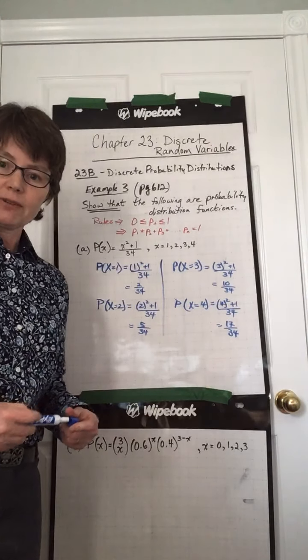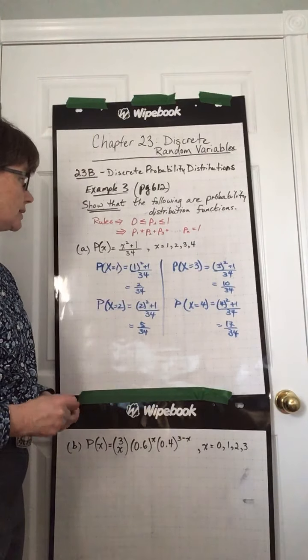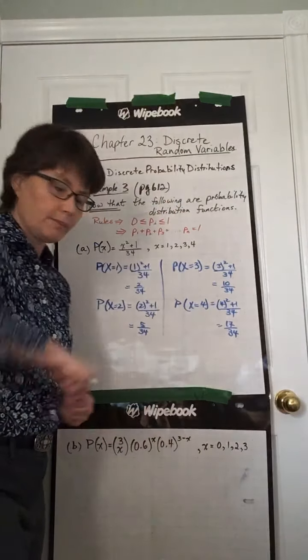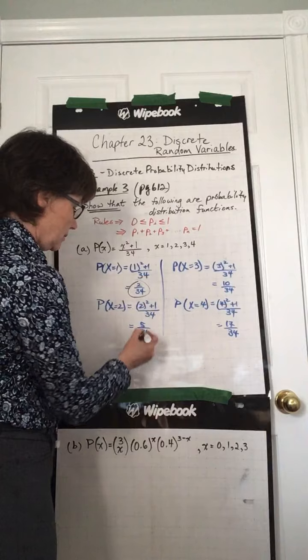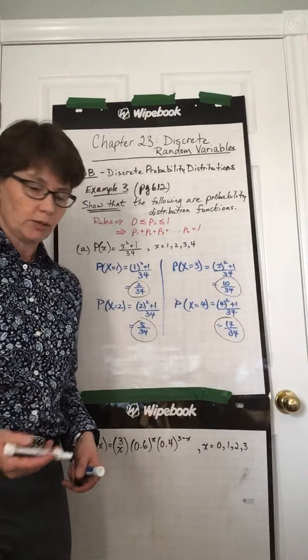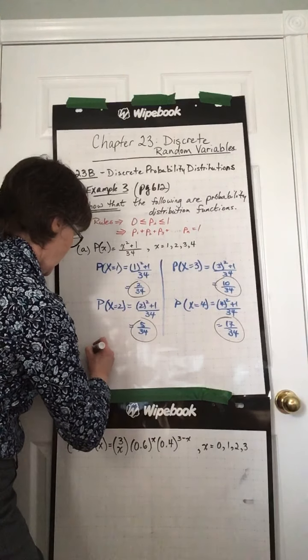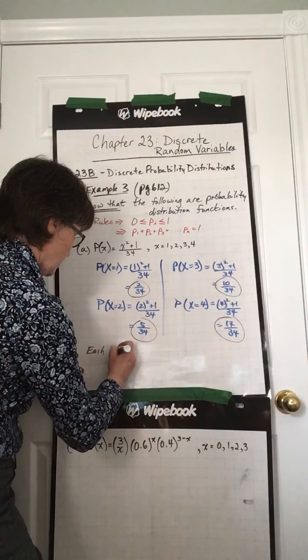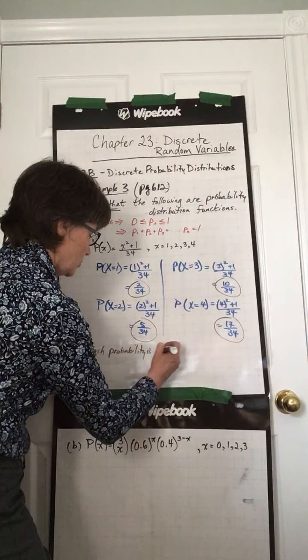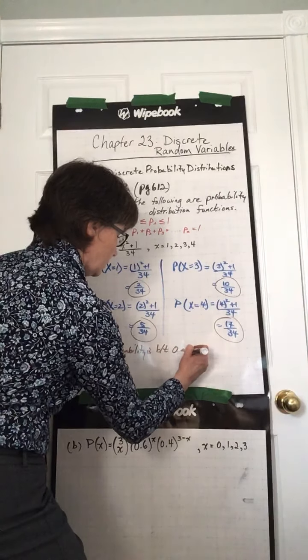Now, does it follow the two rules? Is each probability in between 0 and 1? So there's 1, there's 1, there's 1, there's 1. Yes, all of them are in between 0 and 1. So each probability is between 0 and 1.